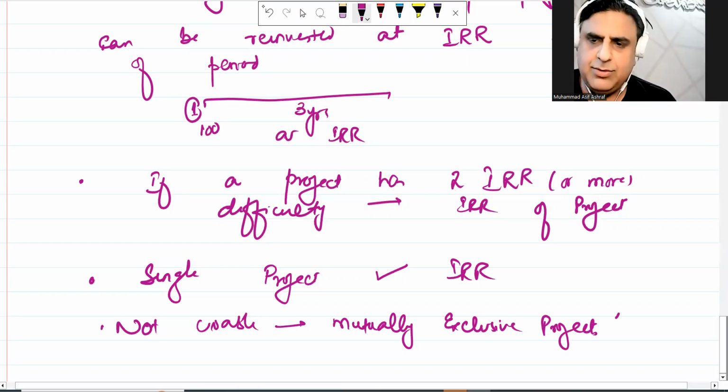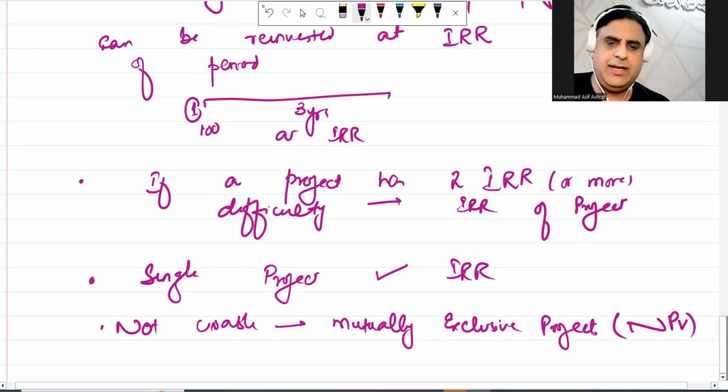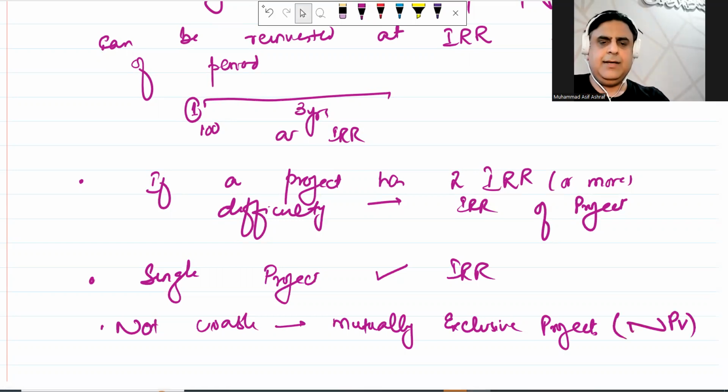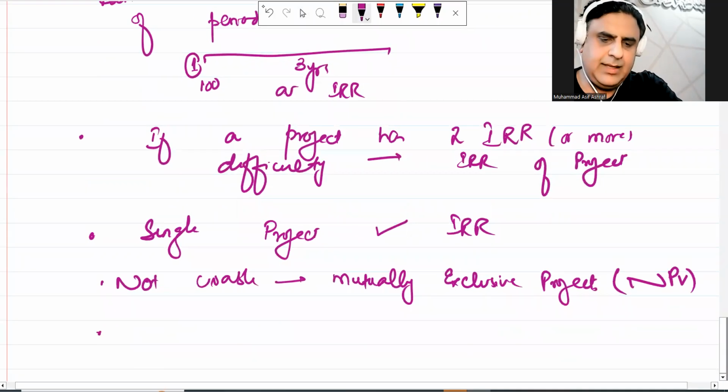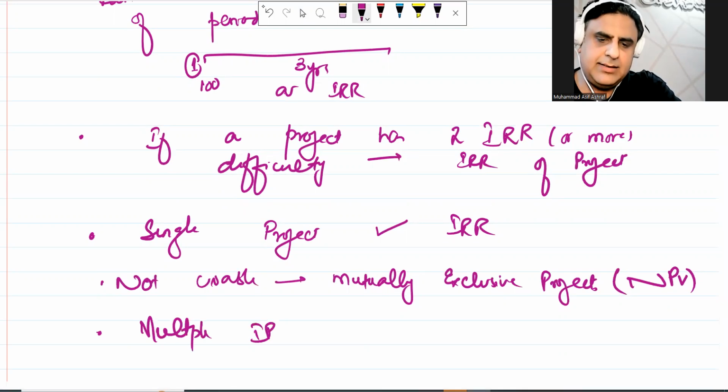It is not the IRR, it is the NPV on which we will take the decision. Similarly, as I told you earlier, in case of multiple IRRs, meaning you have a number of investments in the project, again a better technique would be to use the NPV method.